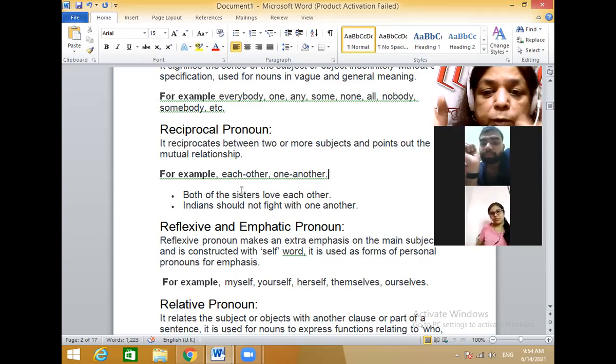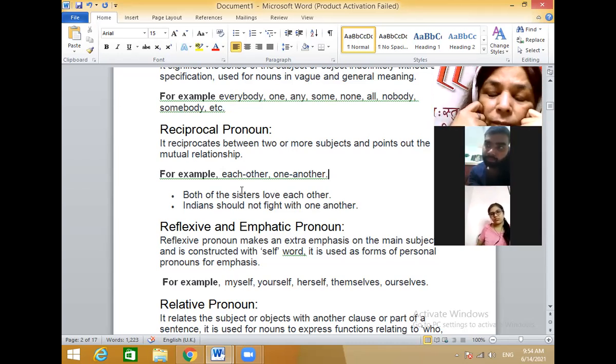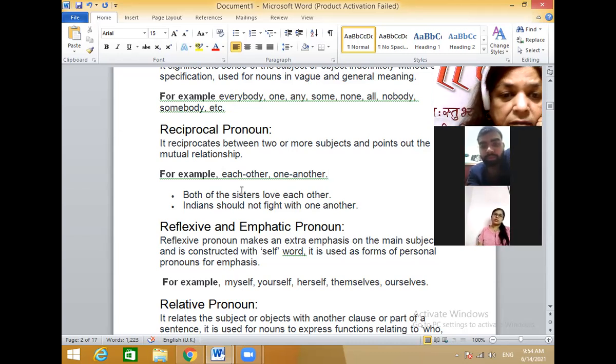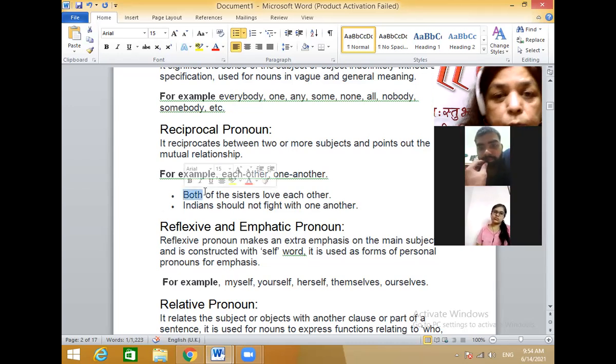Each other, two persons. One another, many. The whole class. Like Indians should not fight with one another. And both the sisters love each other. Both already means we're talking about two sisters. Right?